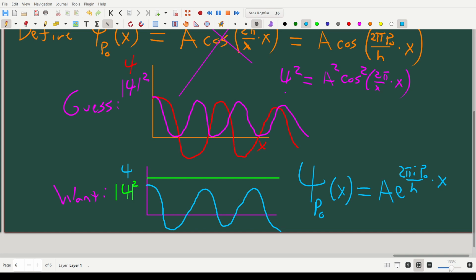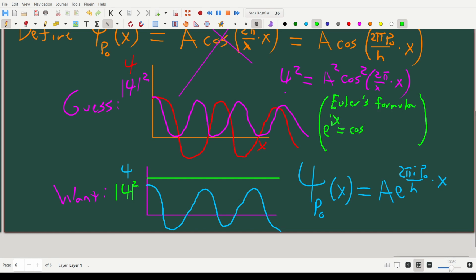Now, why does this exponential function give me a sinusoidal function? Well, there's a beautiful theorem called Euler's theorem, or Euler's formula, which is that e to the ix is equal to cosine x plus i times sine x.